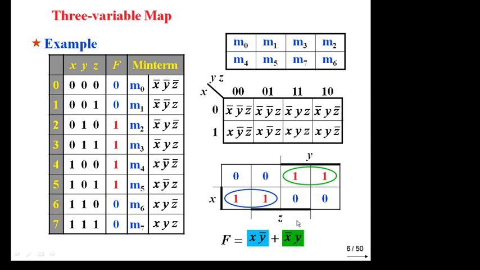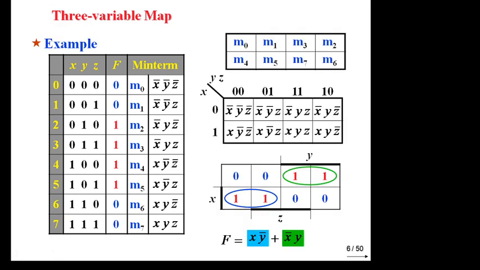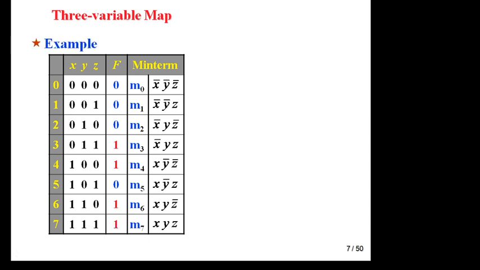Similarly x bar y: for this it is 0, 0, so x bar, and here 1 is the same and 1 to 0 is changing, so x bar y. So you can conclude one pair eliminates one variable.